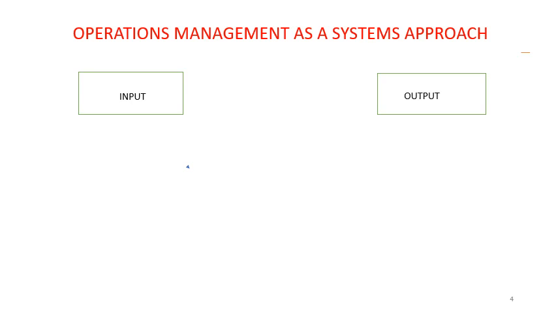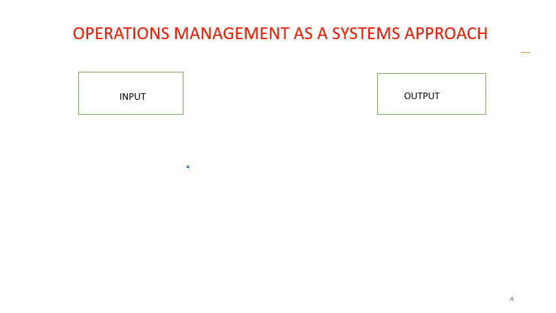We have discussed in the definition in our previous session that operations management is a function or a process of transforming inputs into outputs. Now, there are some entities which we call inputs, and these inputs are converted into outputs. How does this output come out?